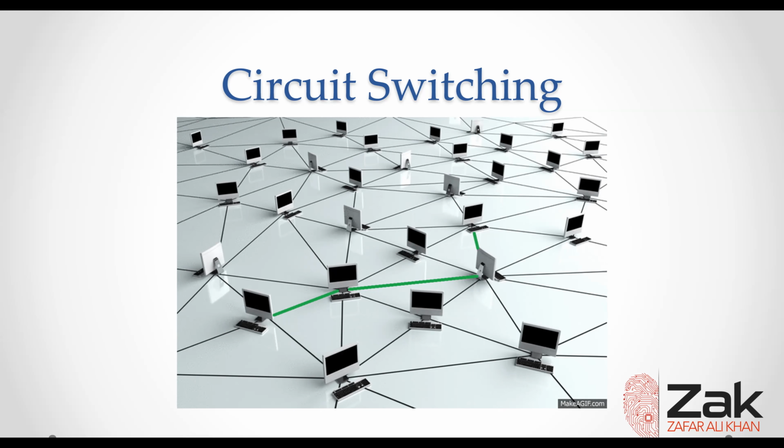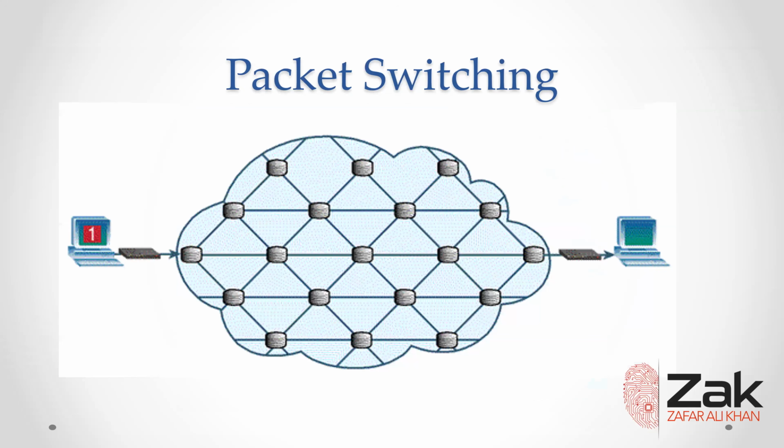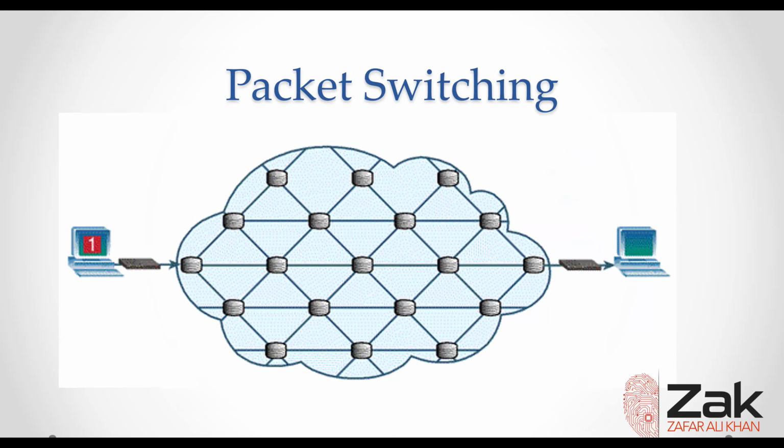Now, let's discuss packet switching before we go into their comparison. So, in packet switching, packet switching is a method of grouping data that is transmitted over a digital network into packets.